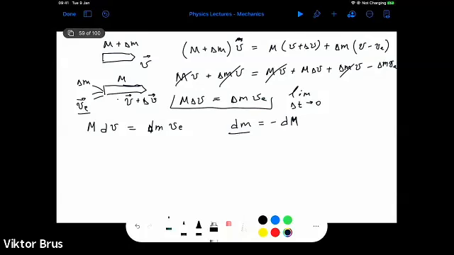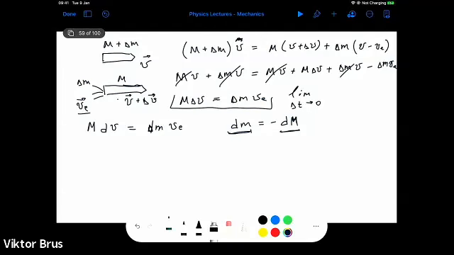And the change of mass of the rocket is negative because the rocket becomes lighter. So with the minus in front of a negative number, we get a positive number, which is the amount of mass ejected from the rocket.